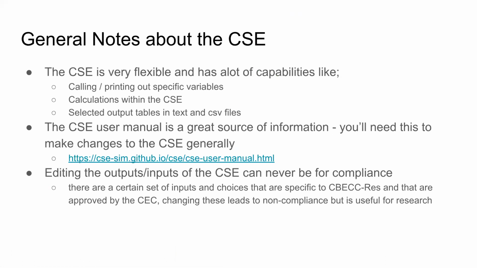And again, editing the outputs and inputs of the CSC can't be used for compliance. CBECC-Res has those built-in filters over the CSC to make sure you're staying within those approved variables by the CSC. For example, I went to a workshop about how to use the CSC, and it turns out that brick as a building material is not actually within those approved parameters by the CEC.